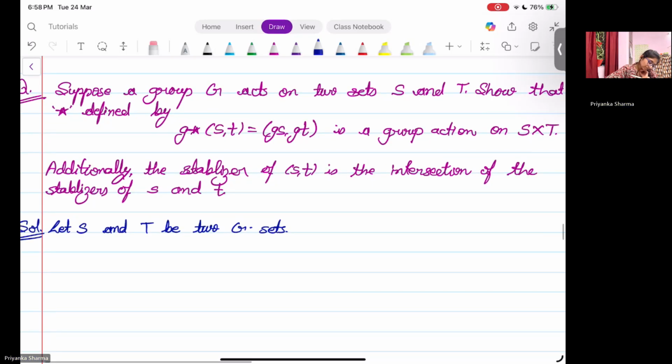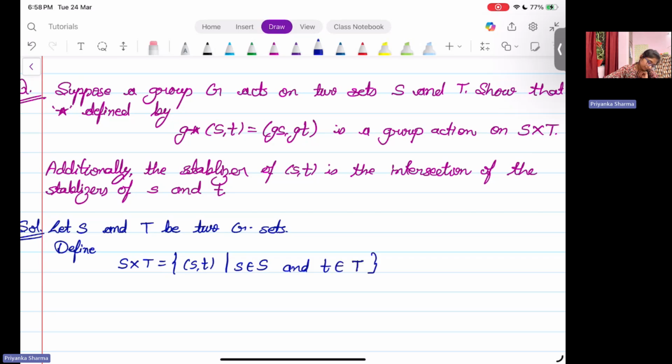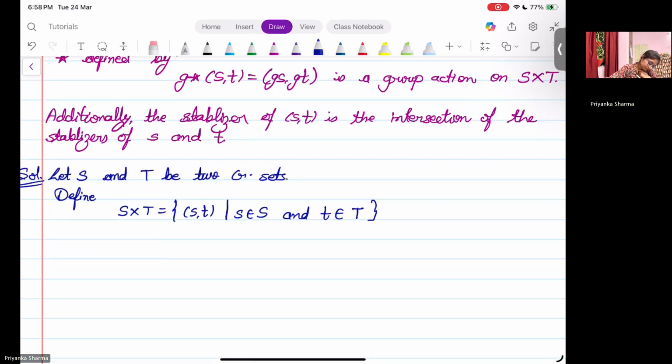Define S cross T, the product of the sets S and T, and this will have the elements (s, t), where s comes from S and t comes from the set T. So we are to prove that S cross T is also a G set.